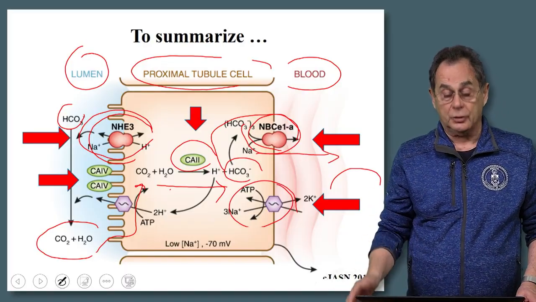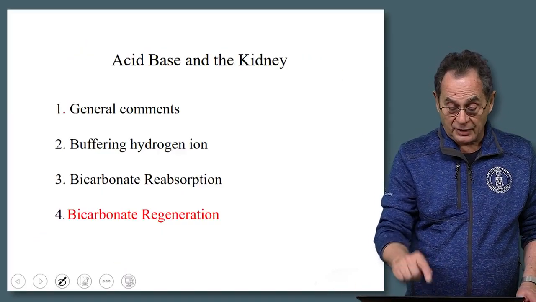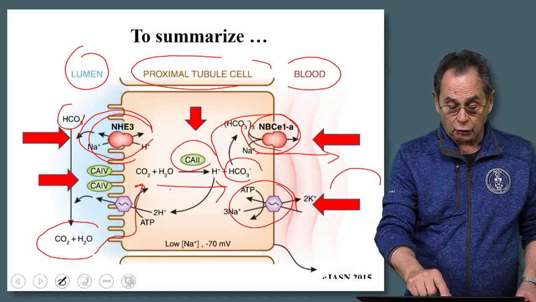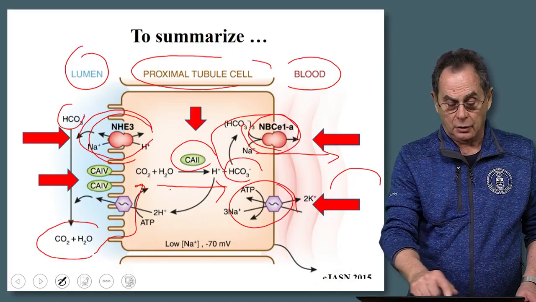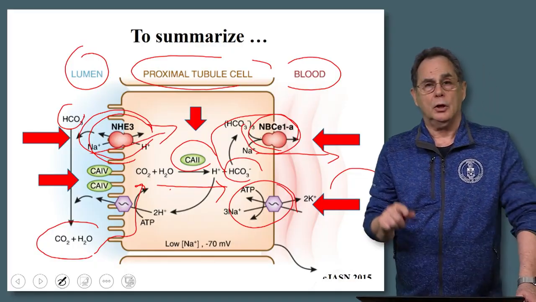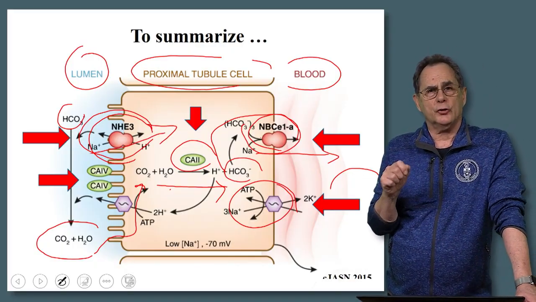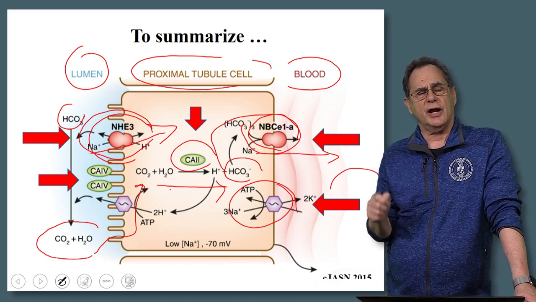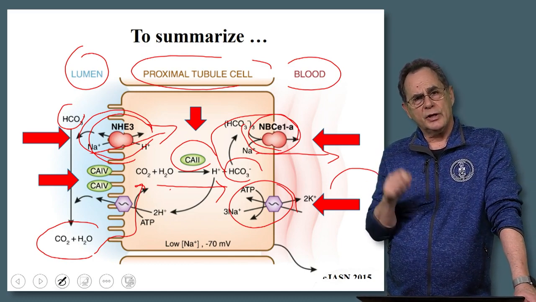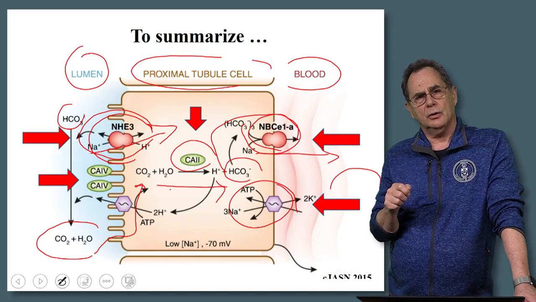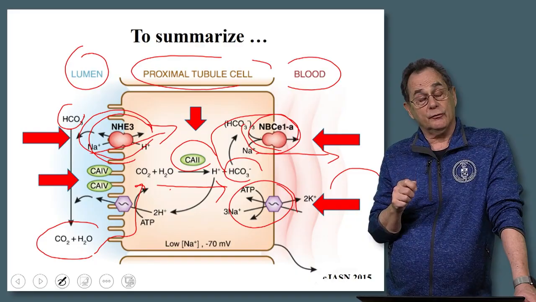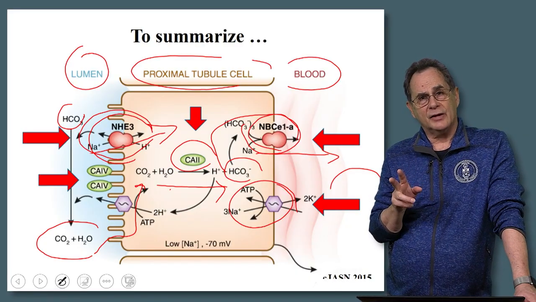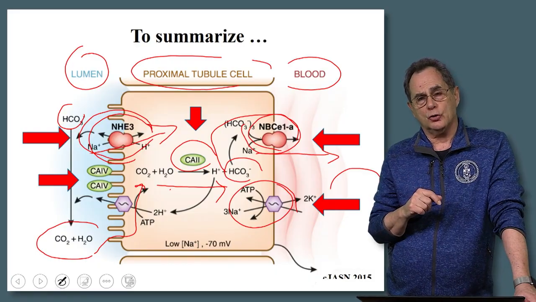It plays an important role because it maintains a low intracellular sodium concentration that drives the sodium reabsorption. So sodium reabsorption by virtue of the sodium hydrogen exchanger leads to the reabsorption of bicarbonate by virtue of two isoforms of carbonic anhydrase, and then eventually a sodium bicarbonate cotransporter.